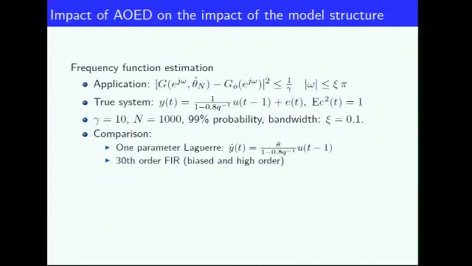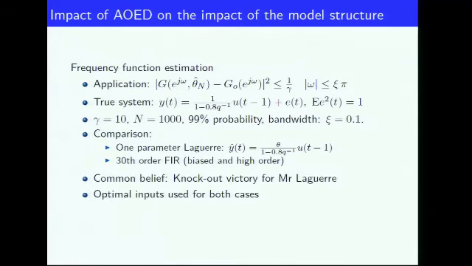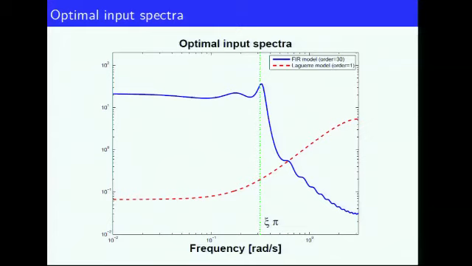If I ask my colleagues which one should give me a better result here, everyone tells me the Laguerre should be better. However, if I now use optimal input for these two cases and scale the power so that it's the same, then the optimal spectra look like this. This is for the FIR model and this is for the Laguerre.